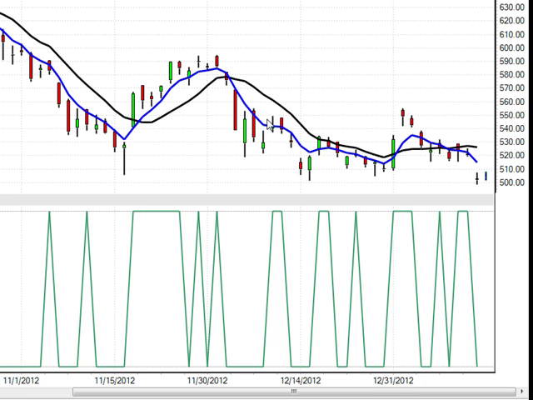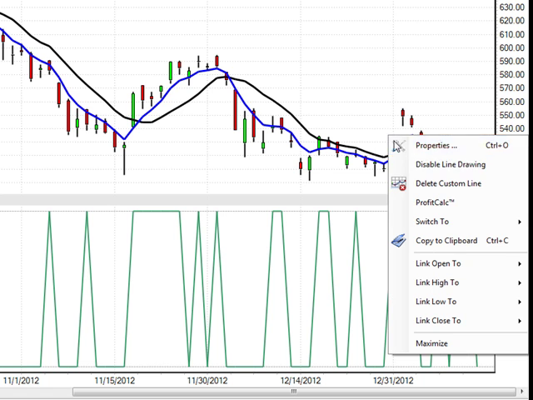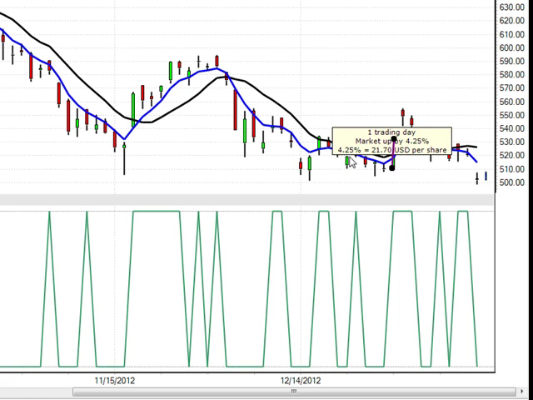If you were in a short position, if you had puts on Apple, and obviously you would have been making quite a bit of money because it came all the way down to $510, you can see here that on December 31st, the last trading day of the year, Apple went up significantly in that one trading day alone.